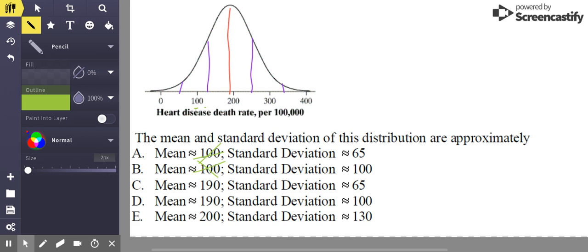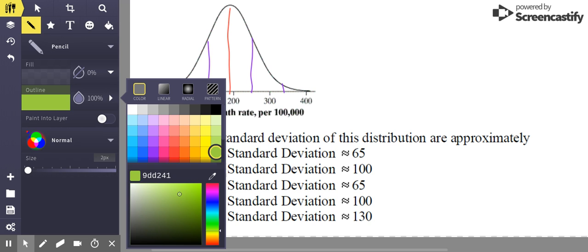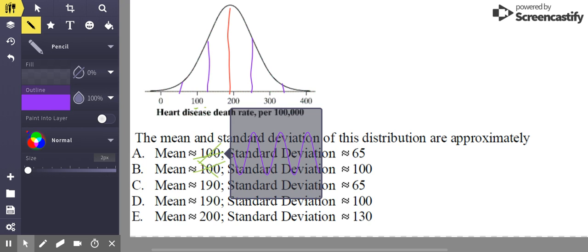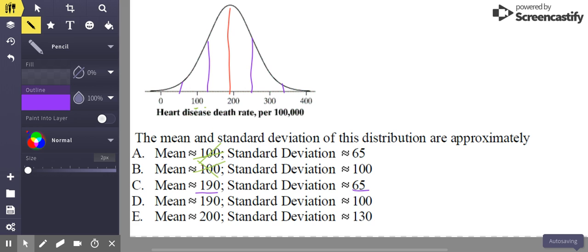So one way we can do that is to take the mean and add the standard deviation for each possible answer and see if it fits with the picture that we've got going on. So let's do one at a time. The first one, for C, says the mean is 190 and my standard deviation is 65. So I'm going to take those and add them together and see if it looks close to where my one standard deviation away line would be.